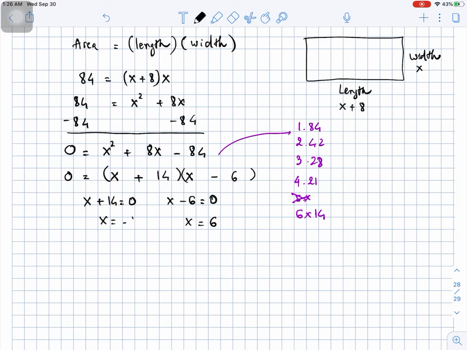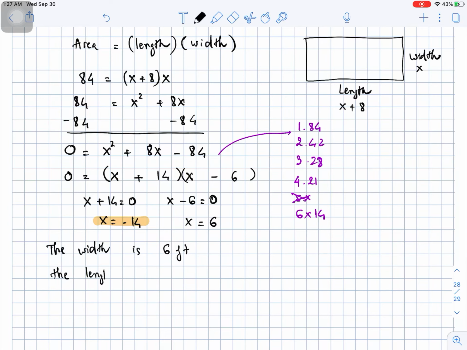Then x plus 14 equals 0 and x minus 6 equals 0. x equals 6 and x equals negative 14. We assigned x as the width, and the width has to be a positive number. Because this is a word problem, we need to eliminate the answer that does not make sense.